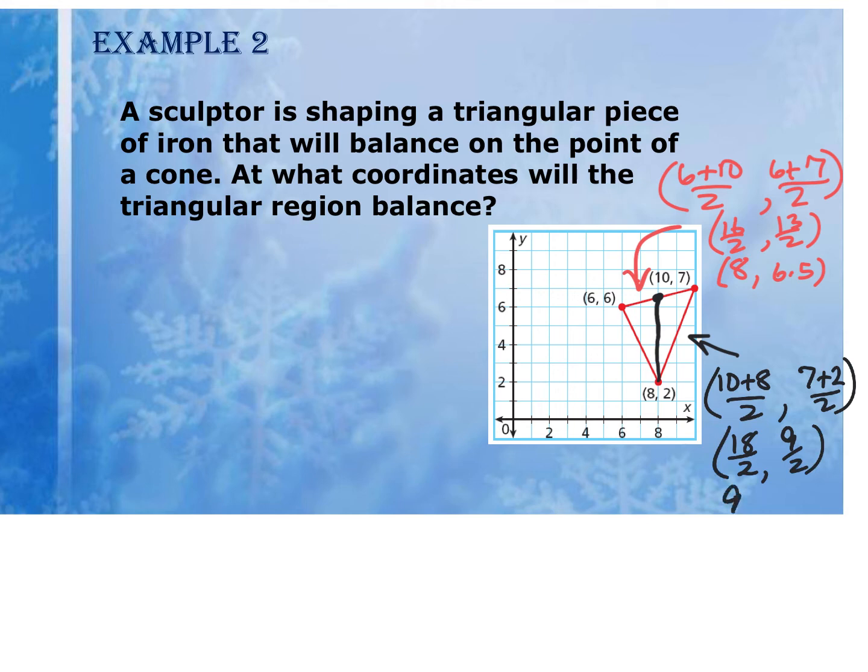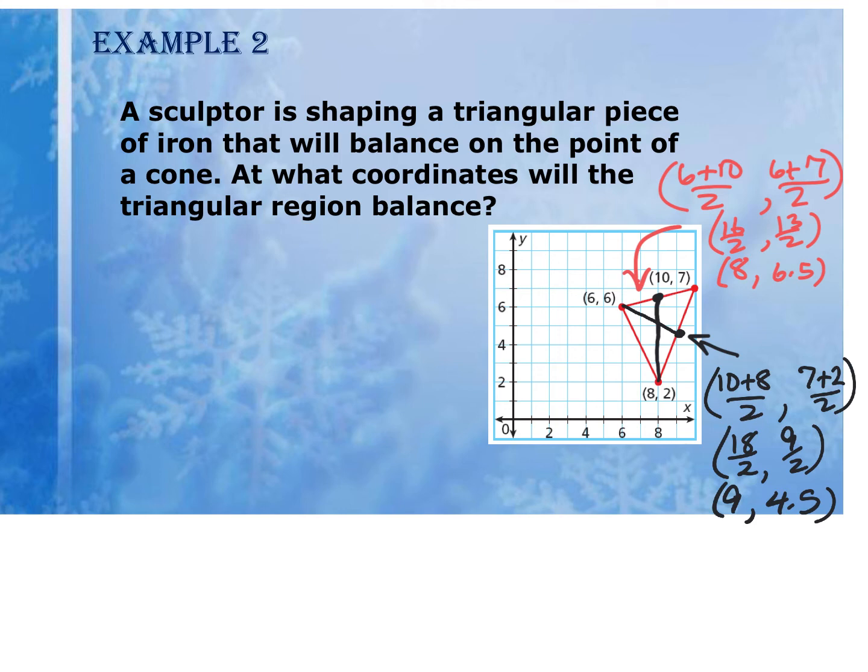The midpoint of that side of the triangle is the ordered pair 9, 4.5. So I'll place a point on that midpoint, and again, draw it to the vertex. So that's my next median.